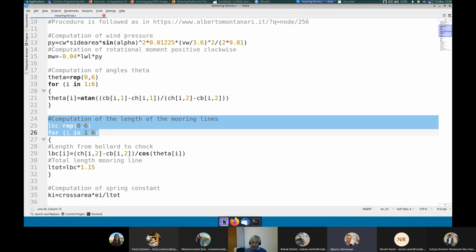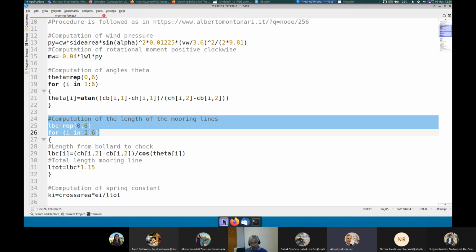You have to give the counter variable, which is i in this case, and you have to define how many times the cycle is to be repeated, through the definition of the range for i.